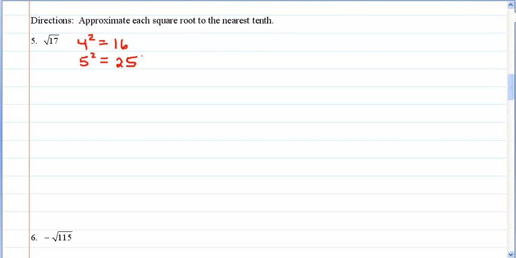So from here, I'm going to make a number line, and 16 would be here, 25 would be here, or the square root of 16 would be here, square root of 25. The square root of 16 is 4.0, square root of 25 is 5.0, and right here in the middle is 4.5.